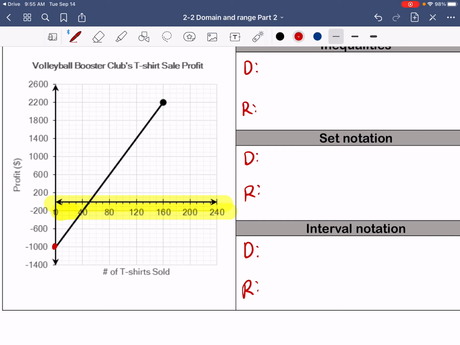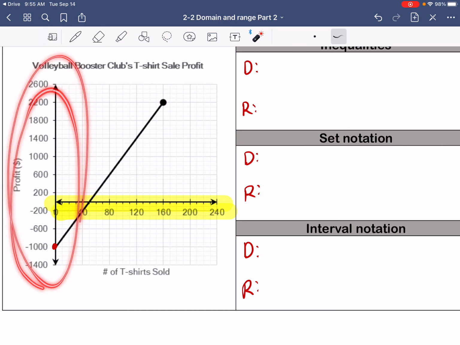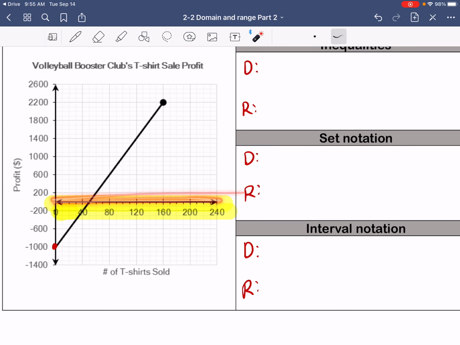Is it negative 1,000? No, because we did not even highlight these numbers. We only highlighted this number. So draw the line here. It's 0. So lowest number, because it's number of t-shirts, right? You cannot even sell any t-shirts. That's the lowest. And the highest number, maximum number of t-shirts that you can sell is 160.